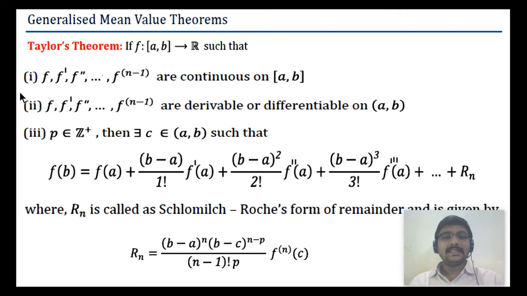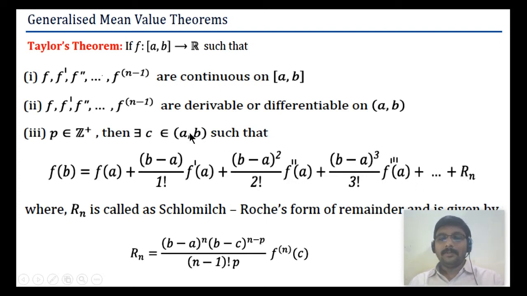Whenever these three conditions hold for a function f, then there exists at least one value for x, say it as c, which belongs to open interval (a,b), satisfying the condition: f(b) equals f(a) plus (b minus a) by 1 factorial f'(a) plus (b minus a) whole square by 2 factorial f''(a) plus (b minus a) whole cube by 3 factorial f'''(a) plus and so on plus Rn.